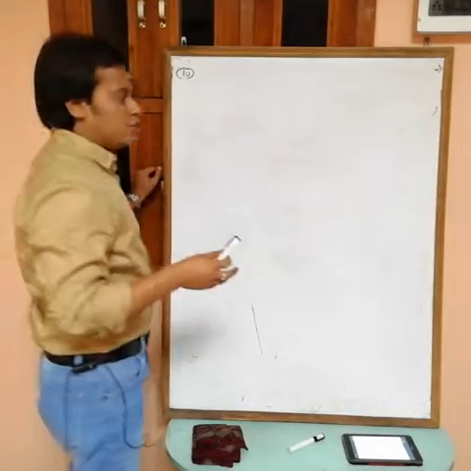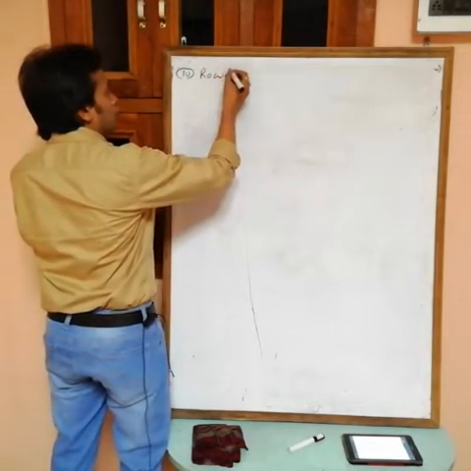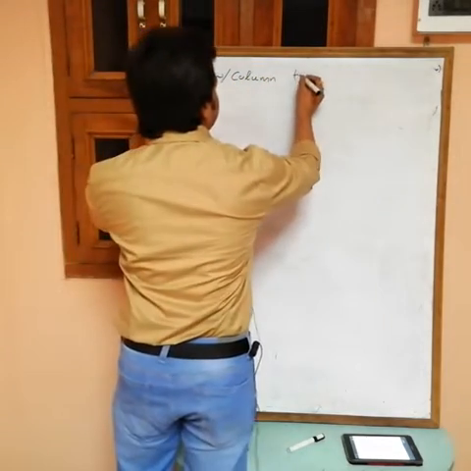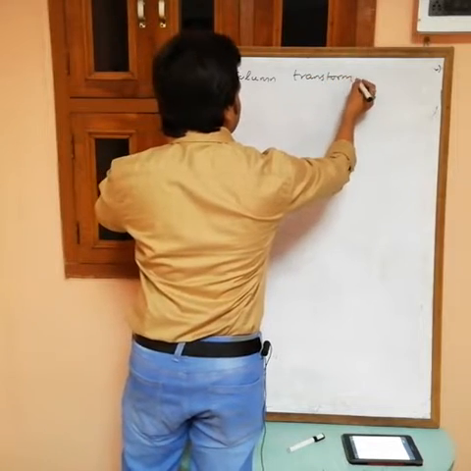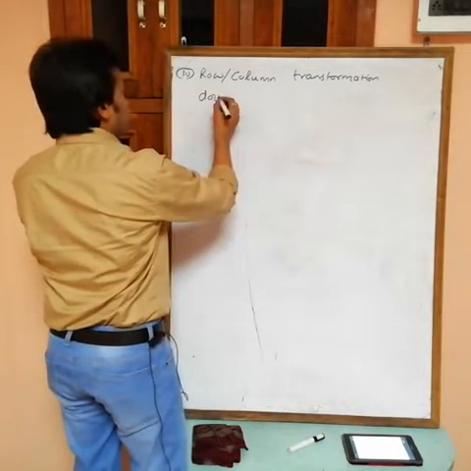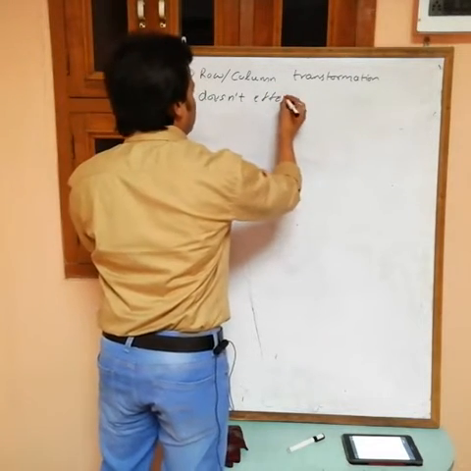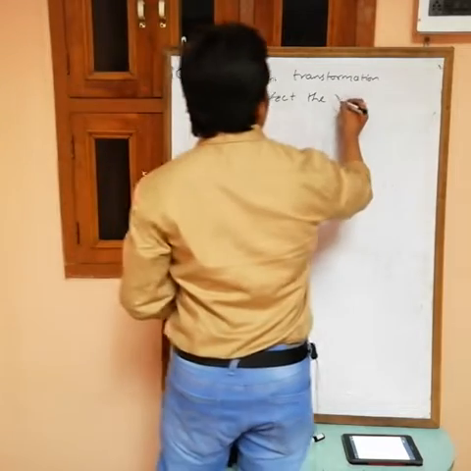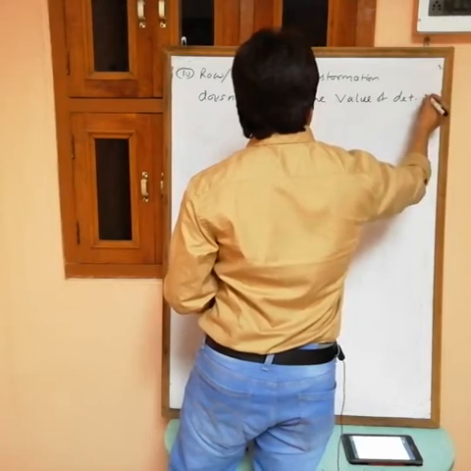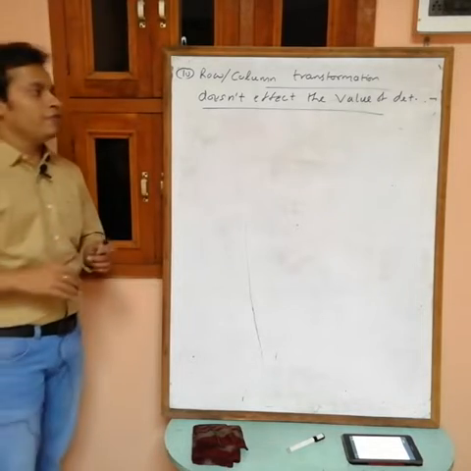Row and column transformation doesn't affect the value of the determinant.